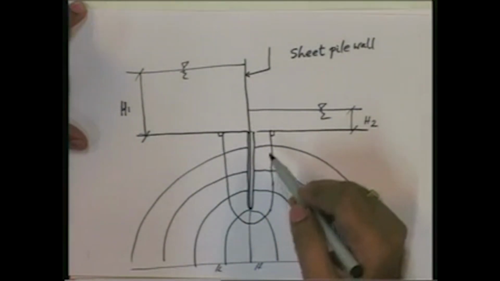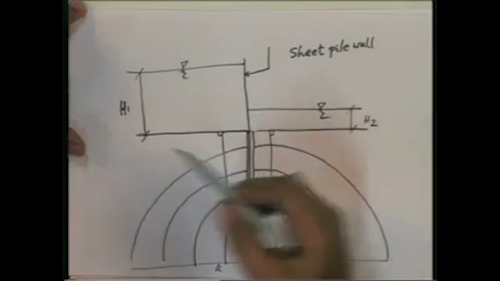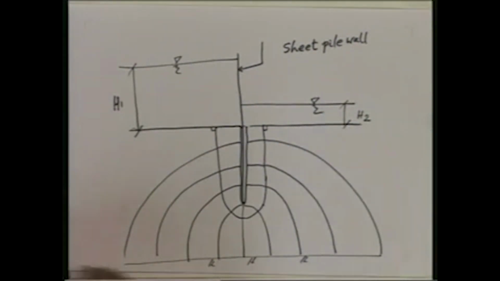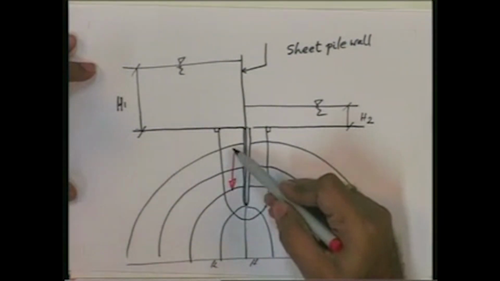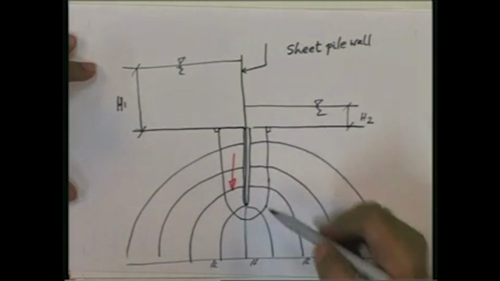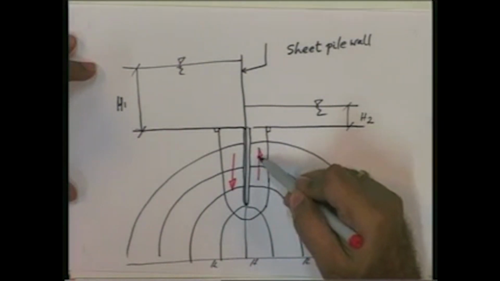When the flow takes place like this, here is the downward flow, and here the upward flow.